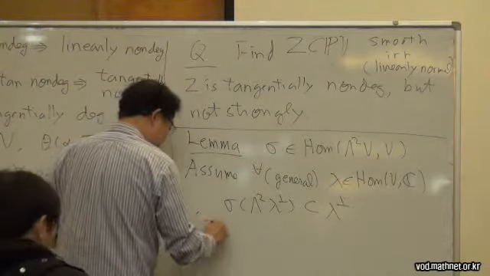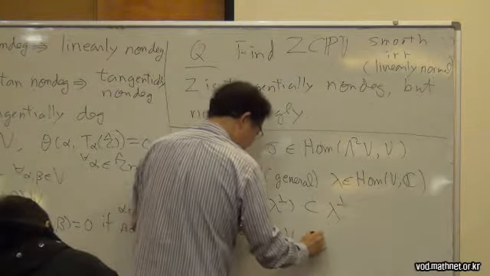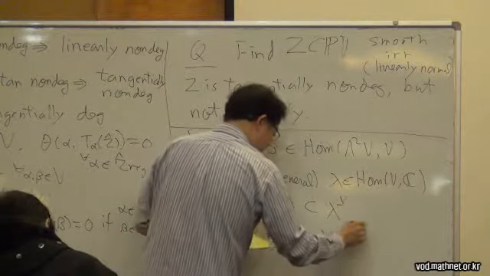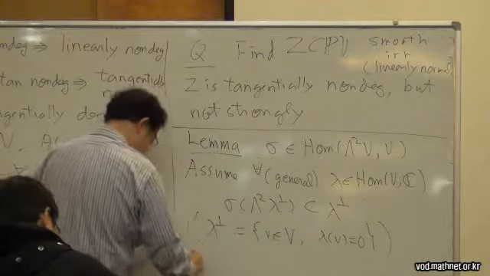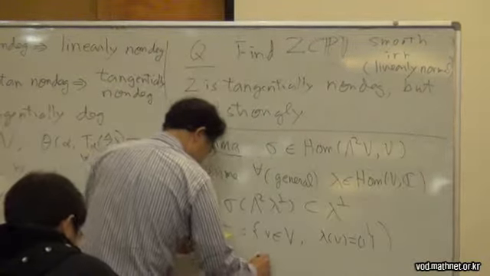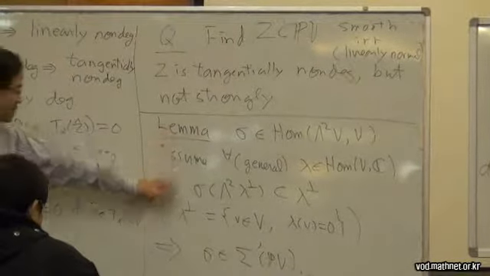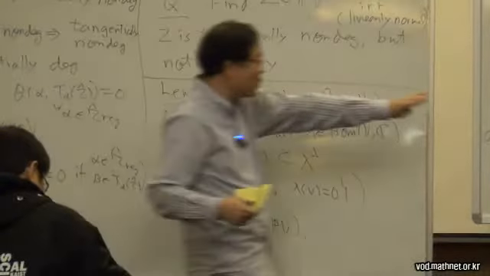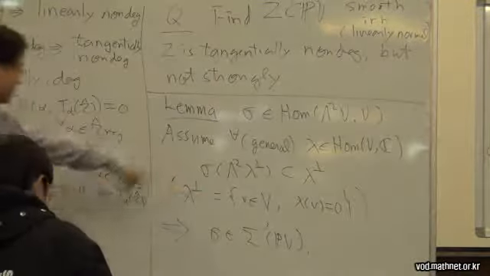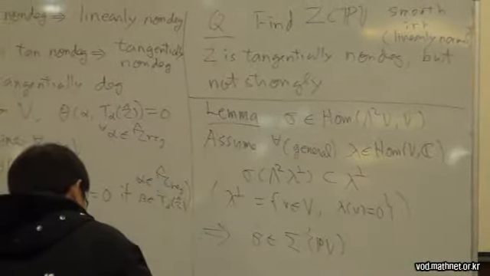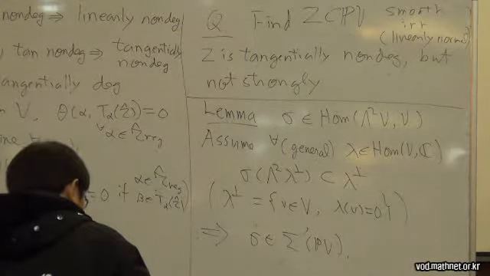Here lambda perpendicular just means vectors annihilated by lambda. Assume this is true. Then sigma is in sigma prime PV. So the lemma gives you how to check when a given element belongs to sigma prime PV. If I have enough time, I'll give you the proof. Otherwise, I leave it as an exercise.